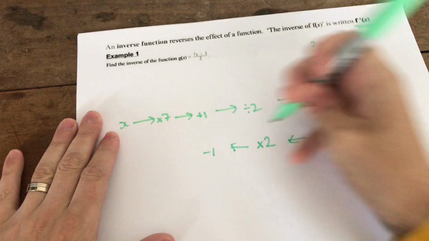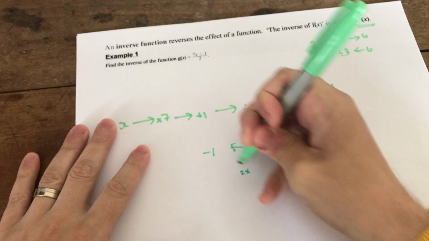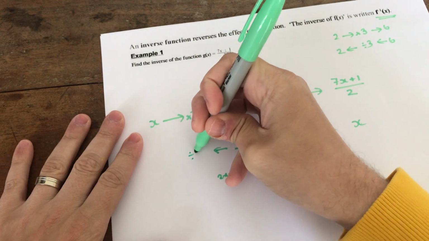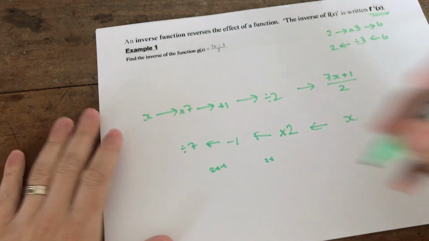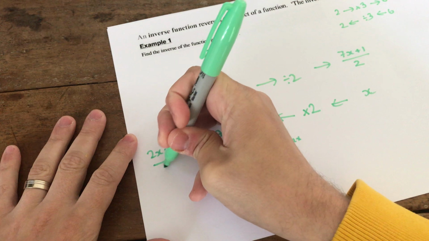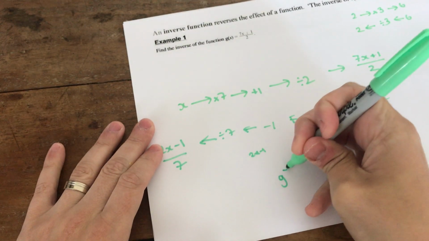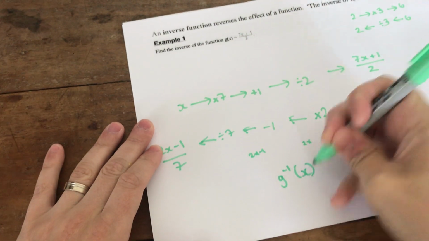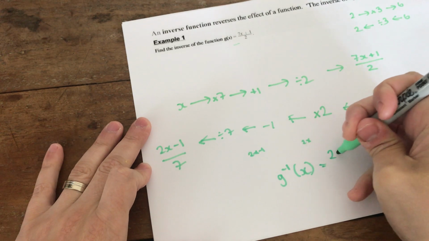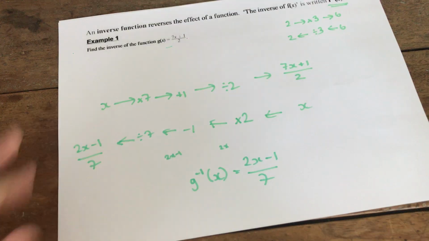We then want to take away 1, so we get 2x minus 1. Then we do the inverse and divide by 7, and that gives us 2x minus 1 all over 7. So we can write the inverse as g minus 1 of x, because the letter in the function is g, equals 2x minus 1 all over 7. And that works quite nicely.